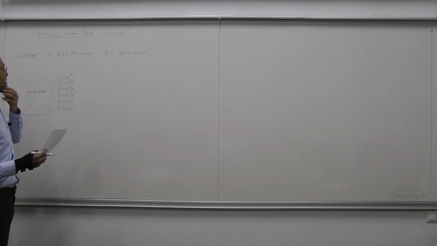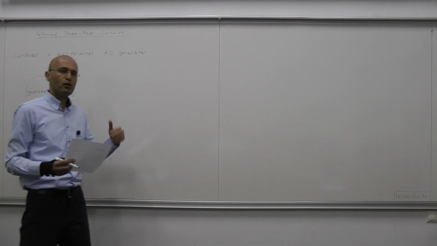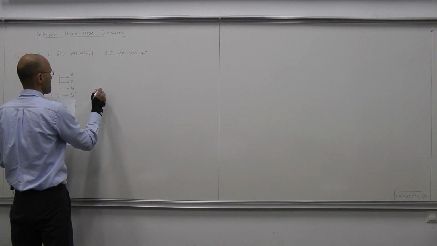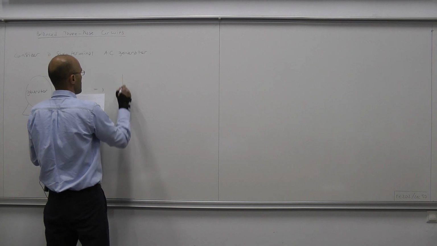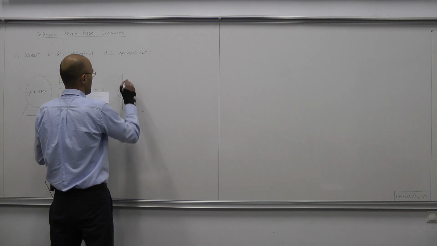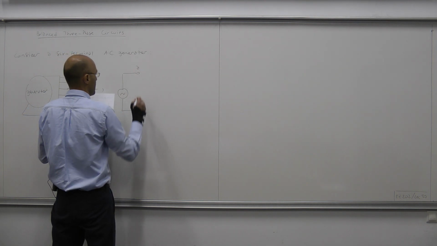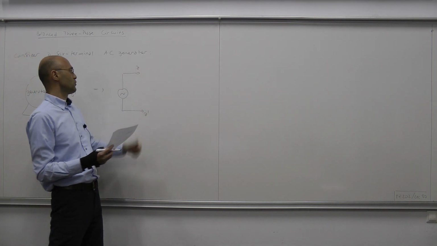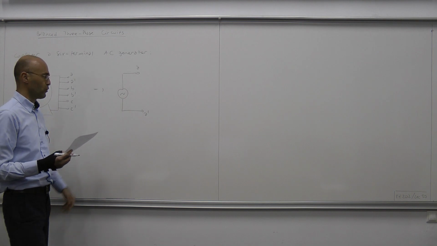Now, this device can be modeled through 3 independent voltage sources as follows. One is for the voltage difference between the terminals A and A prime.